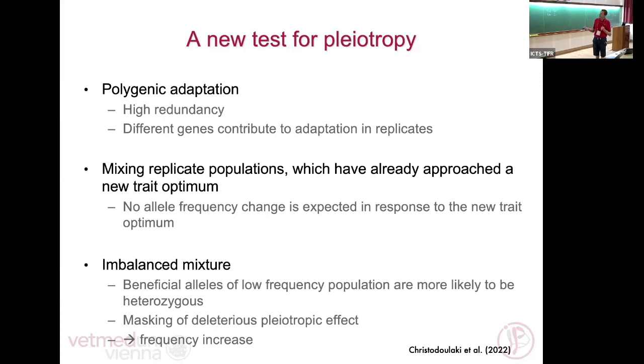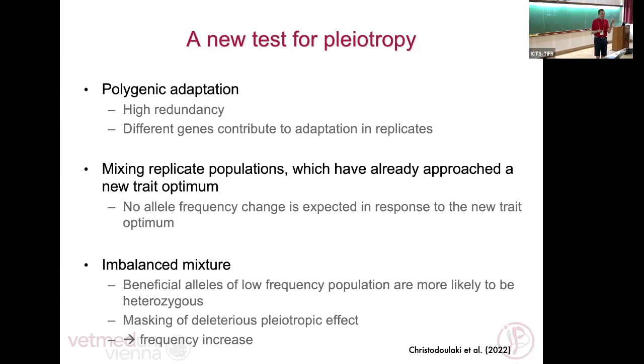And if we mix these populations in an imbalanced way, this means we use maybe 15% of population 1 and 85% of the other population, what happens is that the alleles occur at different frequencies. The recipient population with the 85% will have alleles present at a high frequency, versus the 15% immigrant.